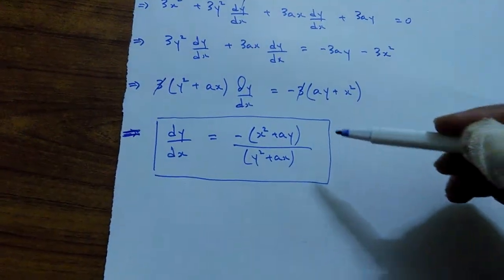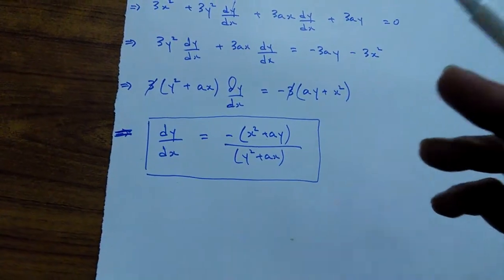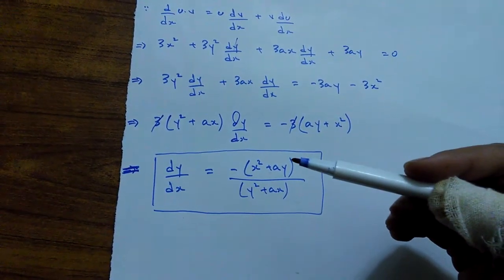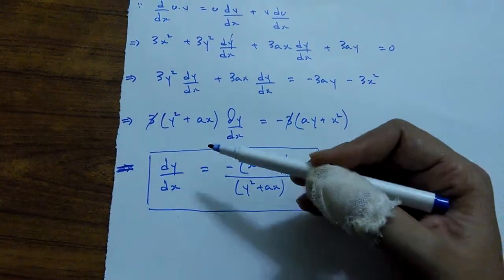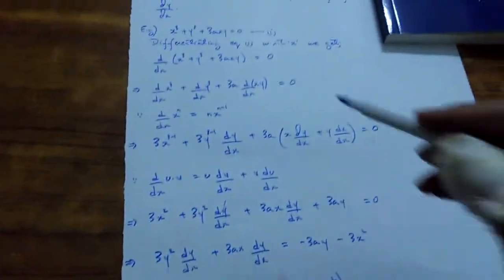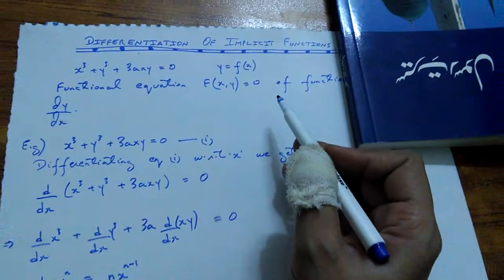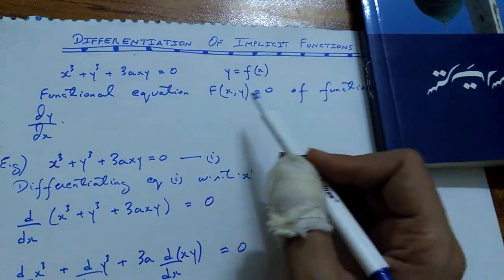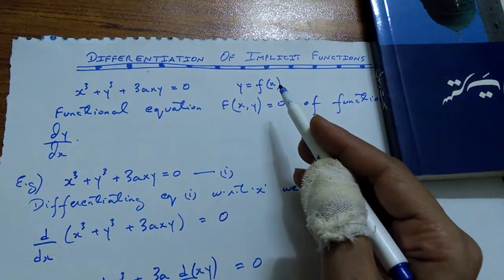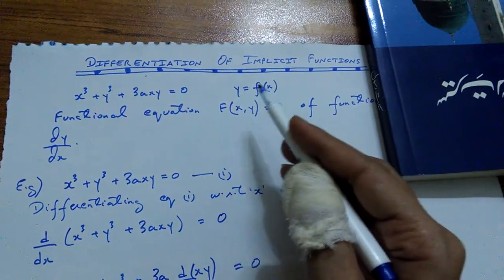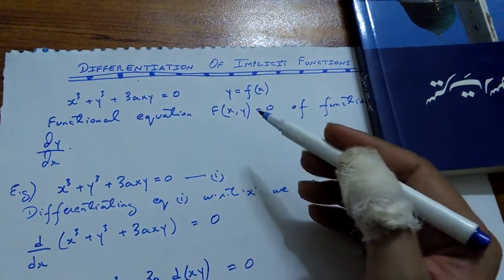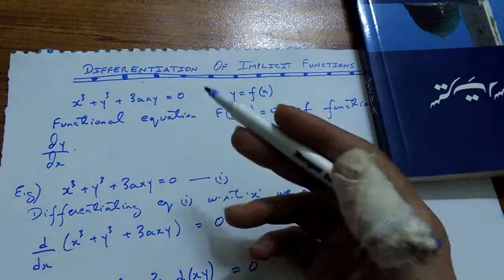So that's how you evaluate or figure out your dy by dx, the derivative of such a functional equation, through which it is impossible for us to form a function keeping y the subject, with respect to x. But at least we can calculate its derivative, and we just did that.